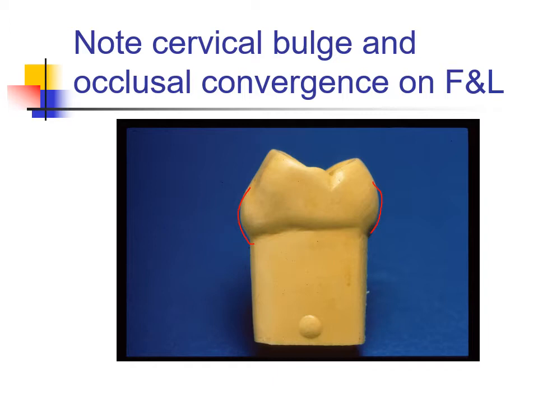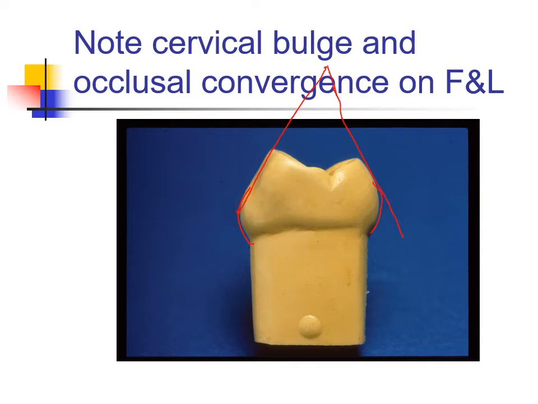But the occlusal surface, if we follow the line here, you can see that primary posterior teeth have a phenomenon called occlusal convergence. If we look at the buccal and the lingual walls and how they relate to each other, they actually will converge somewhere over the occlusal surface.